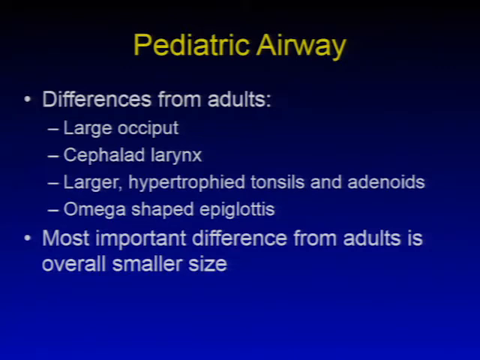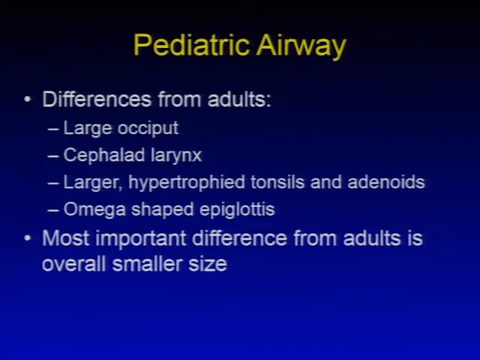Children also have a more cephalad positioned larynx, and that's more characteristically noted on the direct laryngoscopy. This makes it more conducive to actually using a straight laryngoscope blade as opposed to the curved blades in adults.